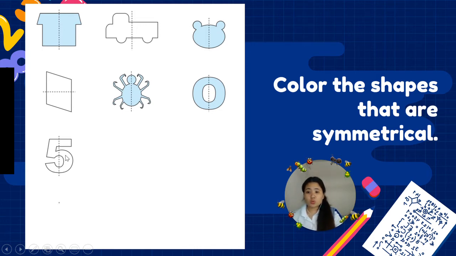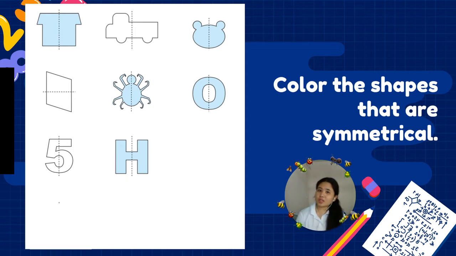This one and this one are not the same. So that's why there's no color. Next one, that is letter H. Is letter H identical when you put a line of symmetry? Let's see. Yes, if you put a line of symmetry, this one and this one are still the same. Okay, how about the next one? Letter Z. What do you think?